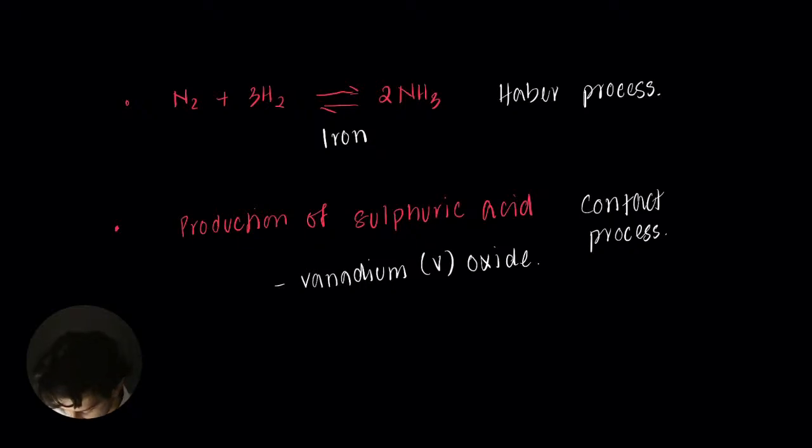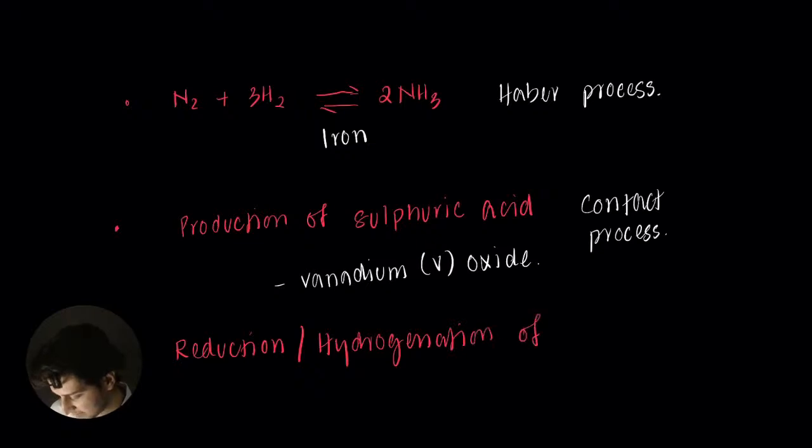And we have a third catalyst for the hydrogenation of alkenes, or the reduction or hydrogenation of alkenes. We don't know what these are, but these catalysts' names are important because they keep asking you. That's it.